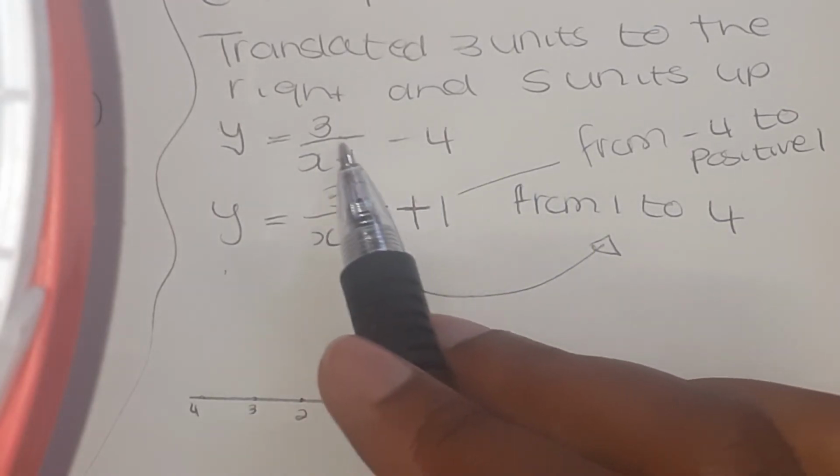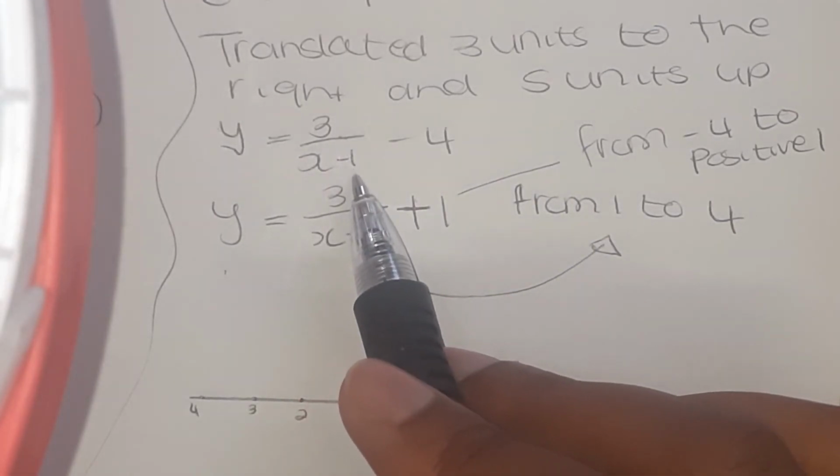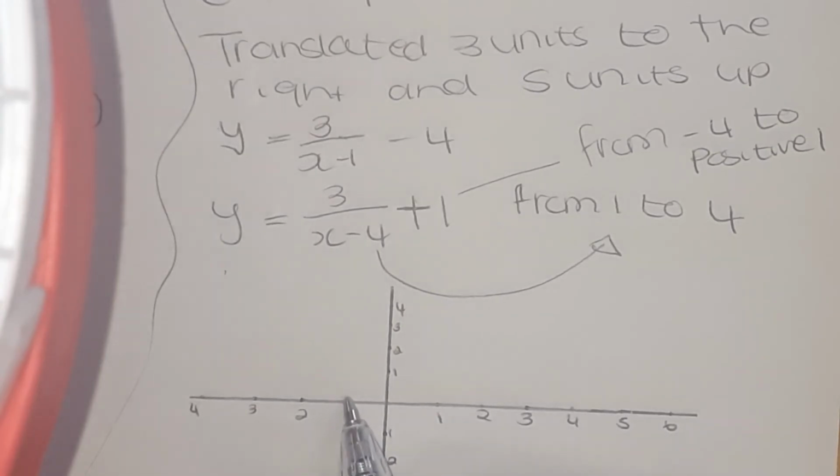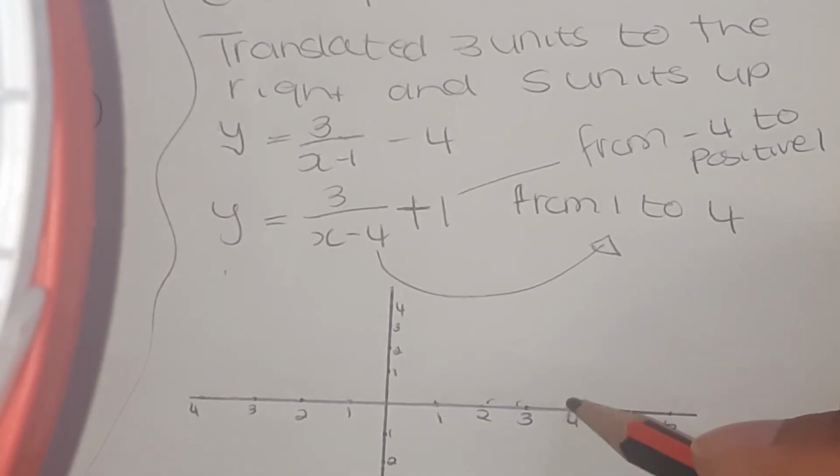So in the original formula, we have x at -1 here, and then they say translate 3 units to the right. When it's negative here, it's positive here. So we are at 1 here. Then we translate 3 units to the right. You say 1, 2, and 3. So you end at what? 4.